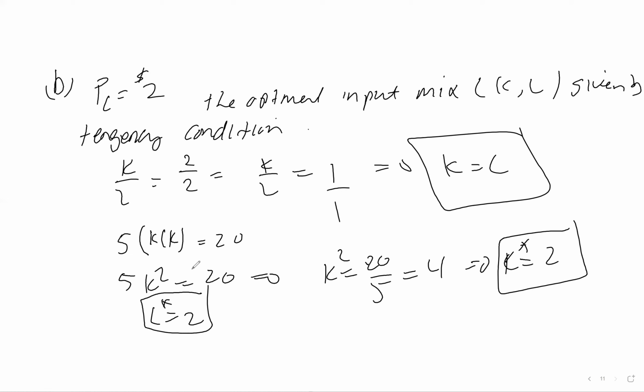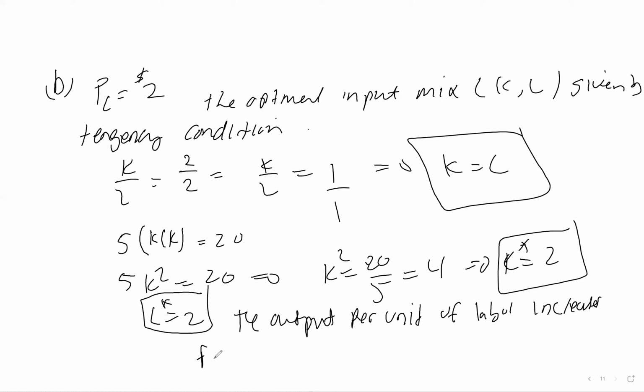So the output per unit of labor increases from 20 over 8 to the power of 1.5 to 20 over 2, which is equal to 10.